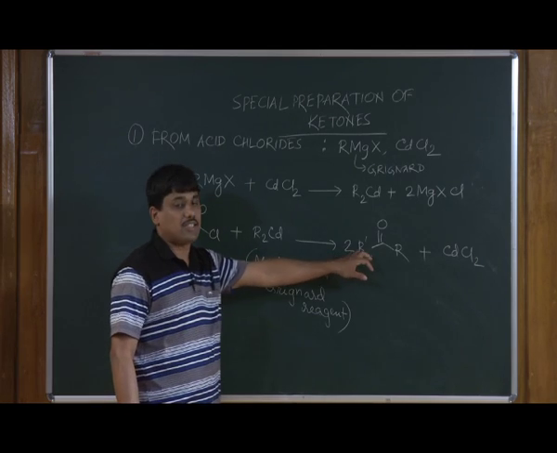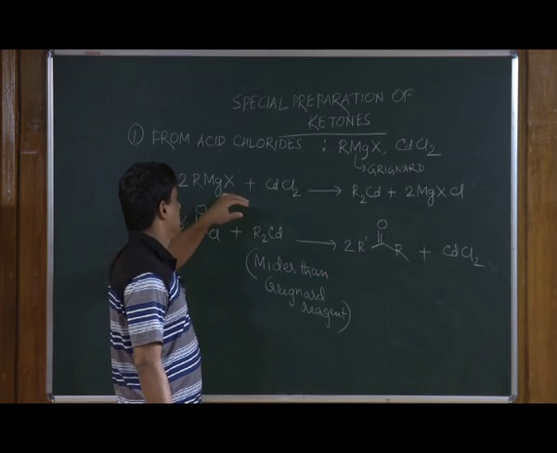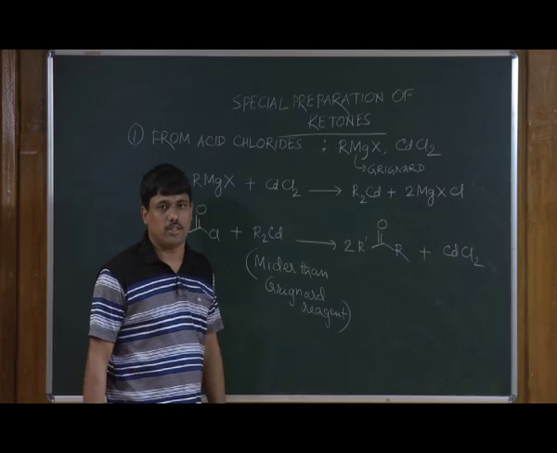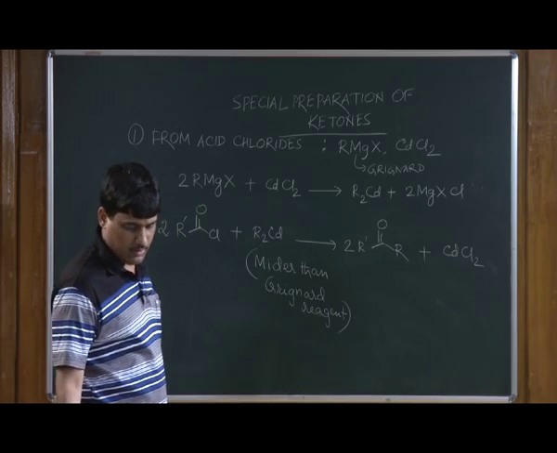Otherwise, if you treat acid chloride with Grignard reagent, you get tertiary alcohol.